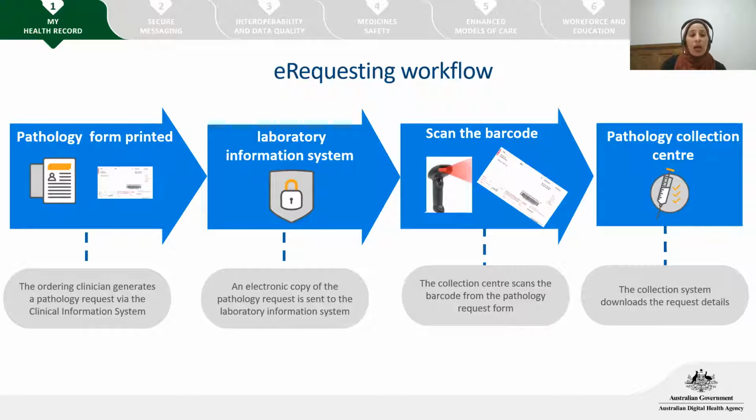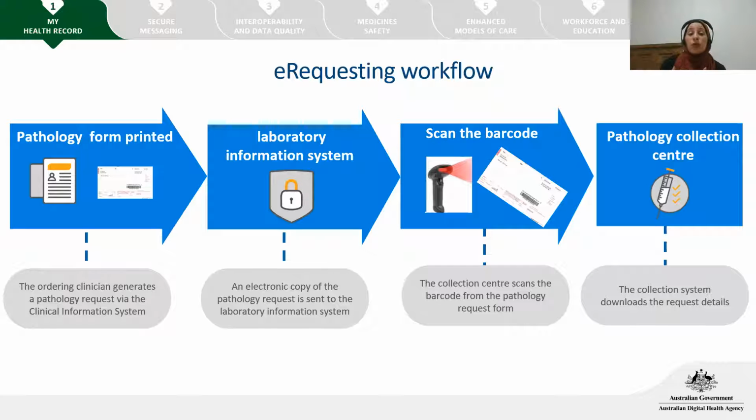At the same time, a paper request will also be printed and given to the patient. The patient will then take this request to the lab, and the staff will scan the barcode, and this will automatically download the information held within that e-request. Once that's complete, the pathology report and any updates will be sent back to the referring healthcare provider, who will be able to view the report immediately.